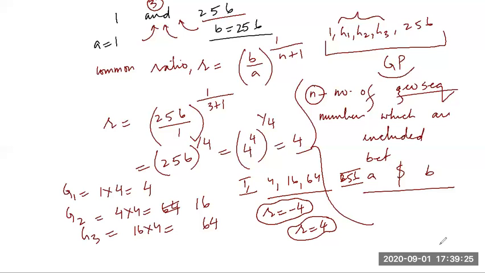The last topic in this chapter is the relationship between arithmetic mean and geometric mean.